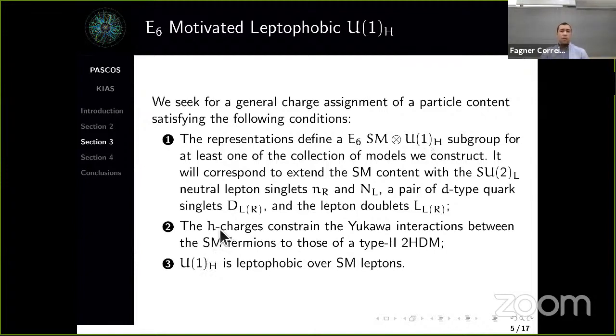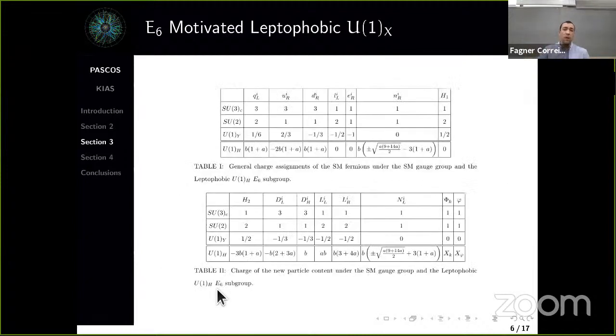So the H charges constrain the Yukawa interactions to be those of a type 2 2HDM. Okay, and so this is the criteria that we follow to build our models. And the model should be leptophobic over the standard model leptons.